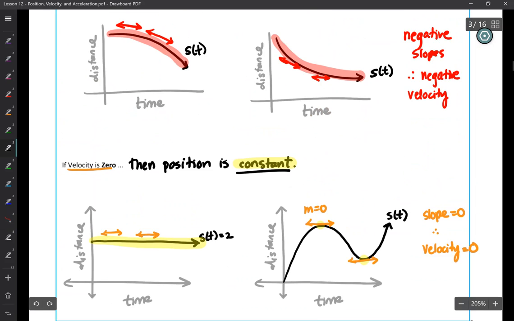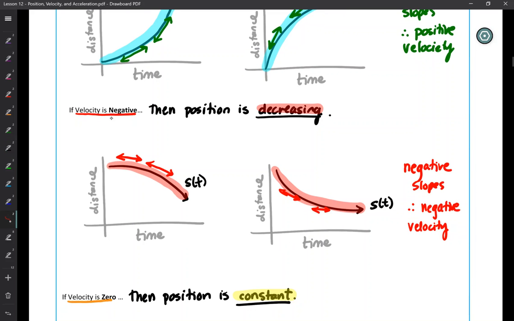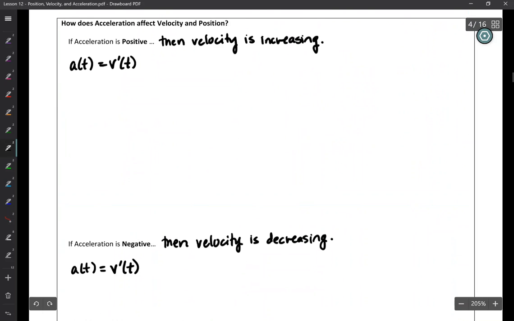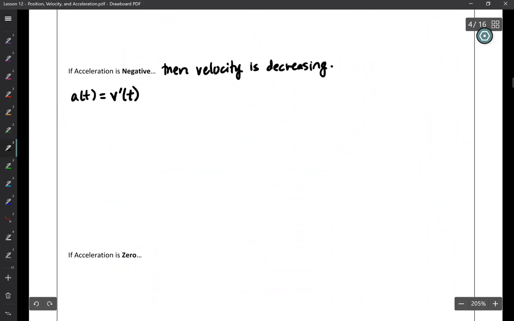Again, this is just like me saying if velocity is negative, then position is decreasing, using the fact that velocity is the derivative of position. If acceleration is 0, then velocity is constant.